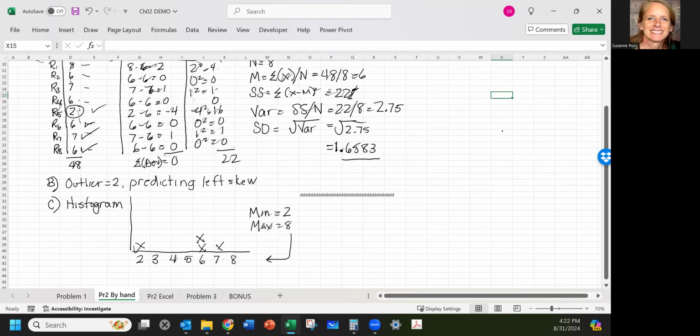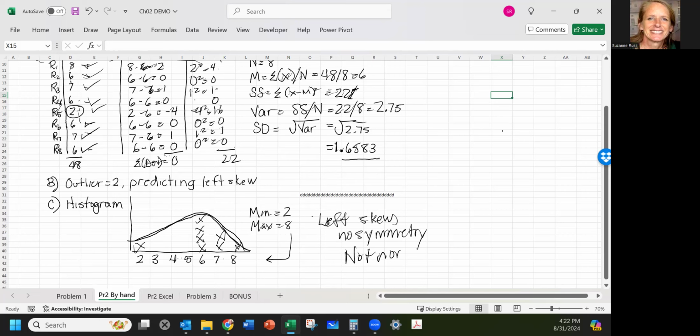Next, we plot the 2, the 6, the 7, the 6, and the 8. And if we look at the shape of this distribution, we can in fact see that we have left skew, no symmetry, not normal. So now we finished with C.